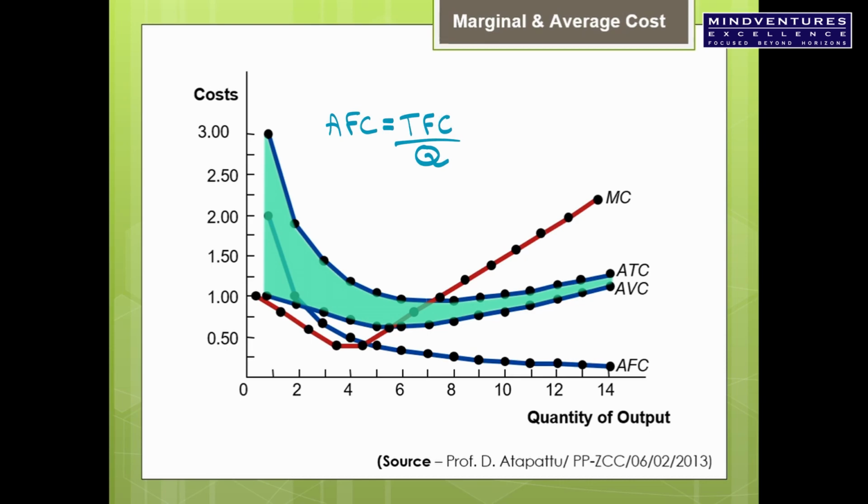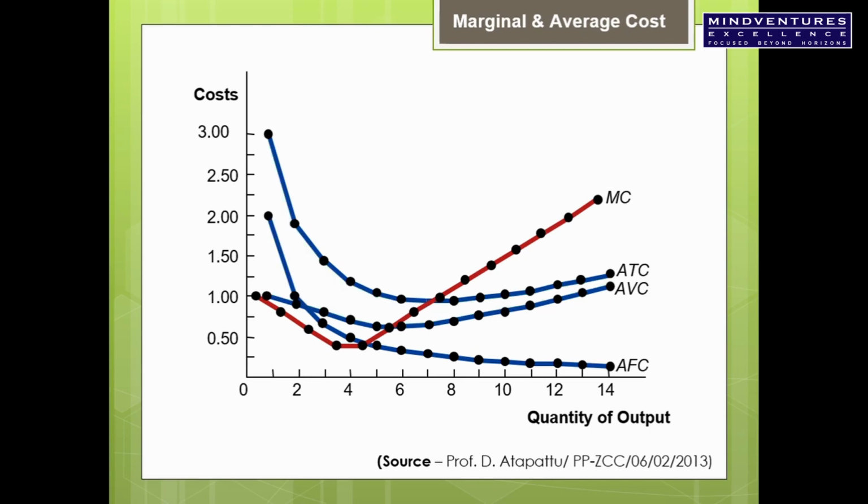In that particular formula, as quantity of output increases, the value of the denominator keeps increasing, but the value of the numerator, which means the component on top, that is total fixed cost value, remains the same. So when we keep dividing the same value with an increasing or larger value, the end result, mathematically, it's a very simple thing, the value of average fixed cost keeps decreasing. So as long as average fixed cost is decreasing as quantity of output increases, the vertical distance between ATC and AVC keeps reducing, keeps narrowing.